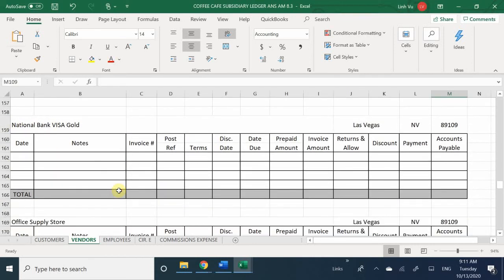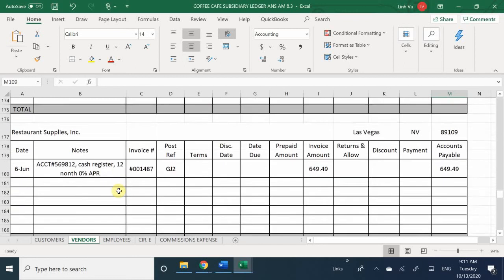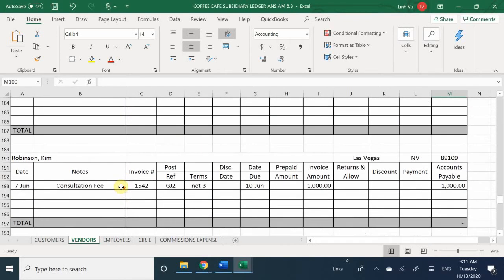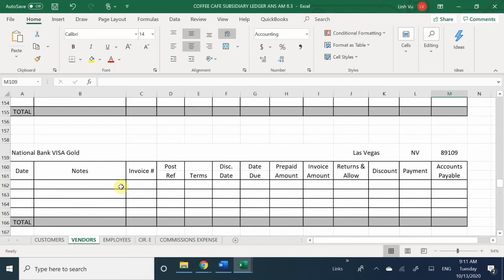So with that being said, make sure you have a notification every time you make a truck loan payment and that you record it in your actual checking account. You don't technically have a subsidiary ledger for this, because your bank isn't your vendor, it's your bank account. So we do not have that section there.